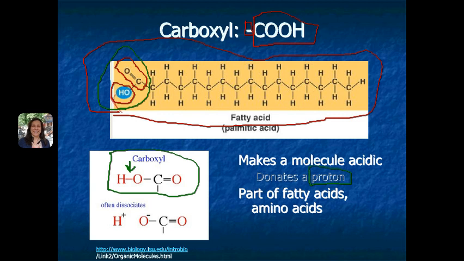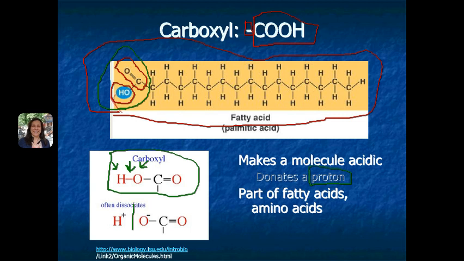Remember that in a covalent bond, 2 atoms share a pair of electrons. One of the electrons is coming from hydrogen and the other electron is coming from oxygen. During the ionization, the oxygen is going to take both of the electrons, so it has its own electron and the one that it stole from the hydrogen atom.